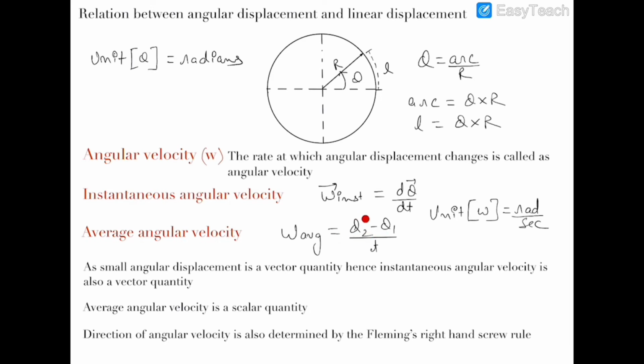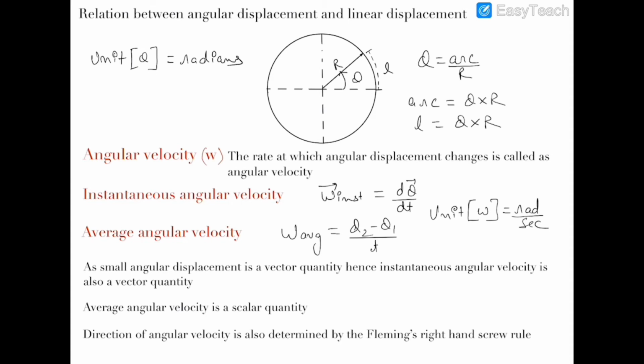And this theta 2 minus theta 1, in fact theta 2 and theta 1 are big enough quantities that they are not vector quantities, because they do not follow the commutative law. So the average angular velocity is a scalar quantity, while the instantaneous angular velocity is a vector quantity.